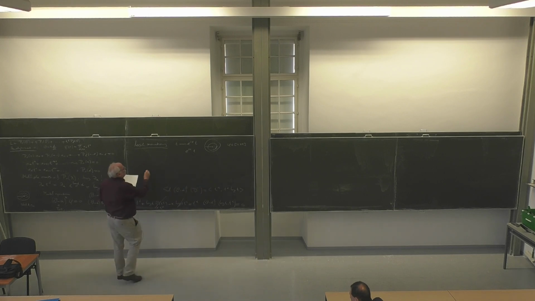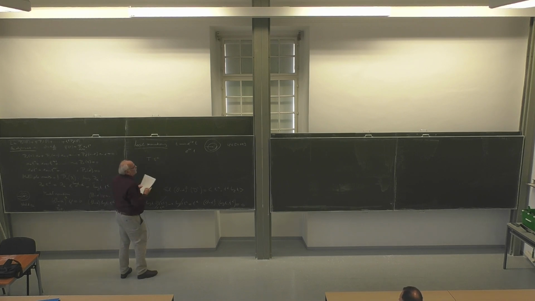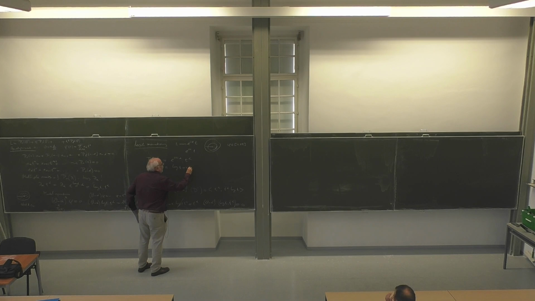So if you do this monodromy transformation on t to the power alpha, and you replace t by this, you get e to the power 2 pi I alpha times t to the power alpha. In the monodromy of log, you get, of course, log t plus 2 pi I. If you replace t by e to the power 2 pi I times t in the log, you get this.